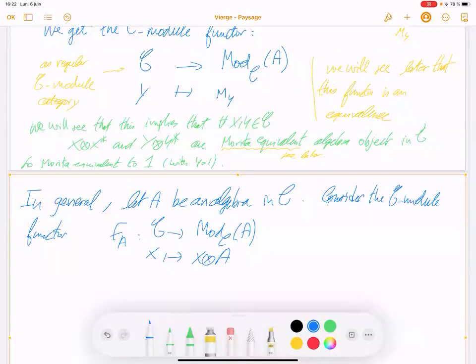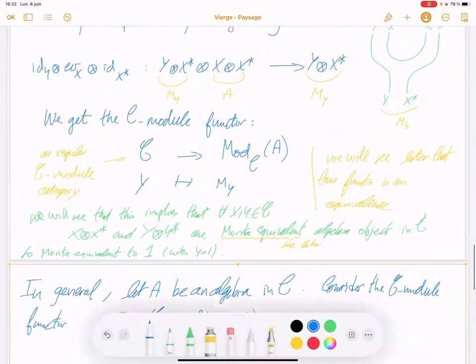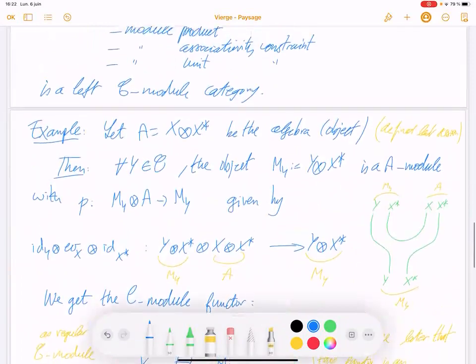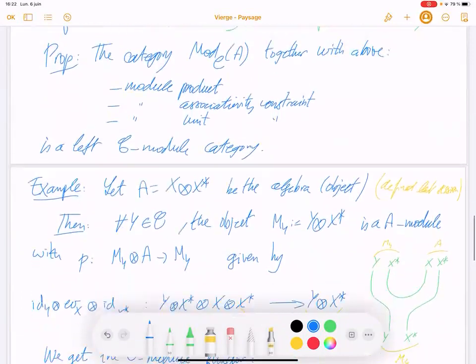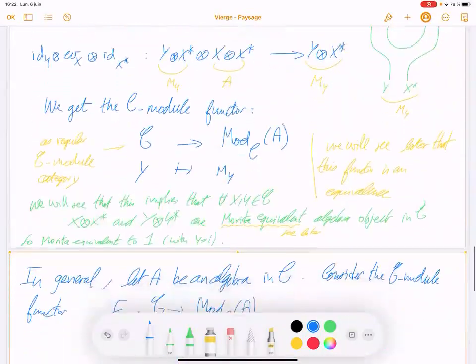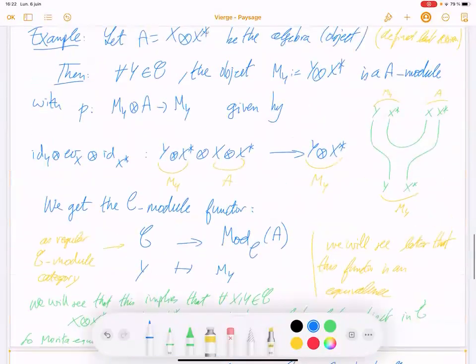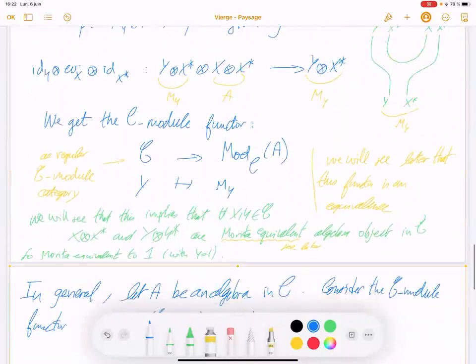Okay. So I said generalization, but is it really a generalization? Because here it's Y tensor X star.